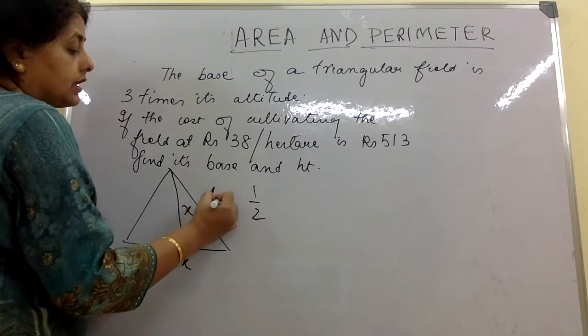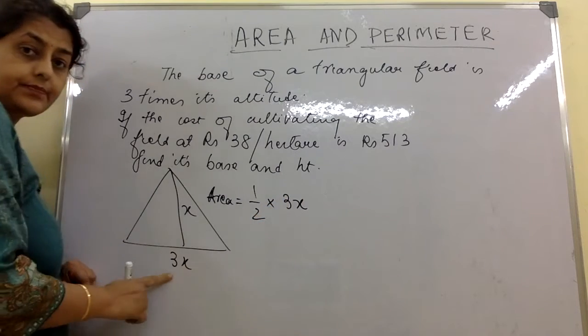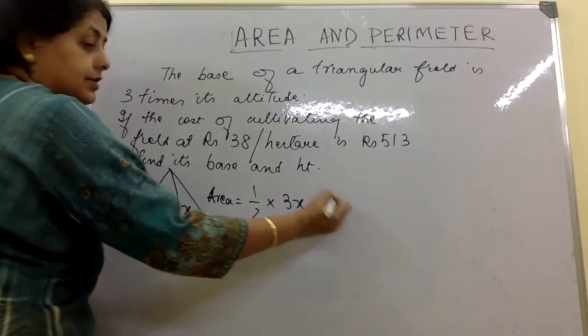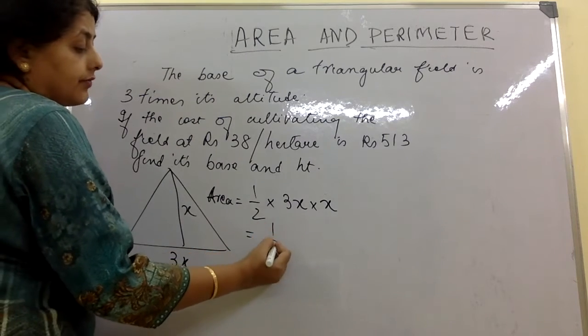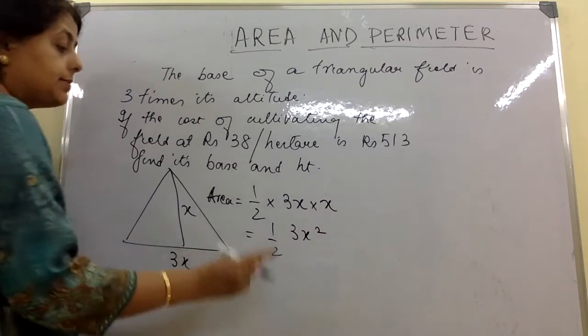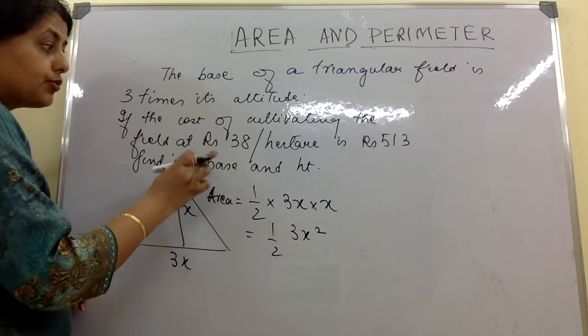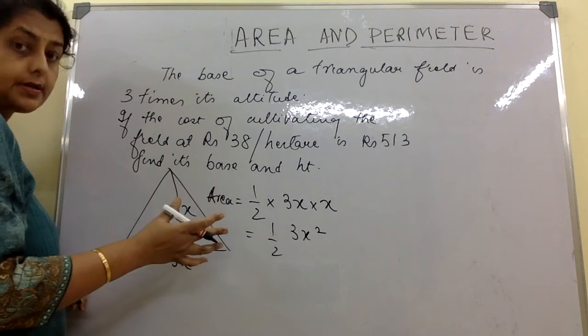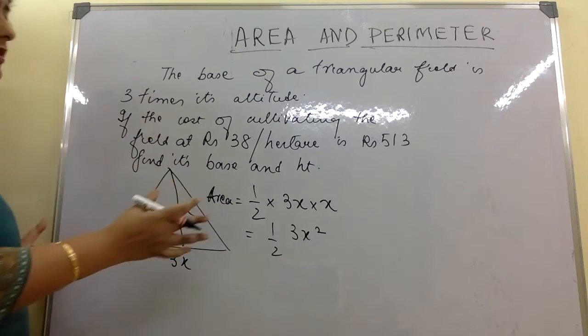Area is half into base into height, and that is half into 3x square. We'll keep it like this. And the rate is rupees 38 per hectare, and the cost is rupees 513.